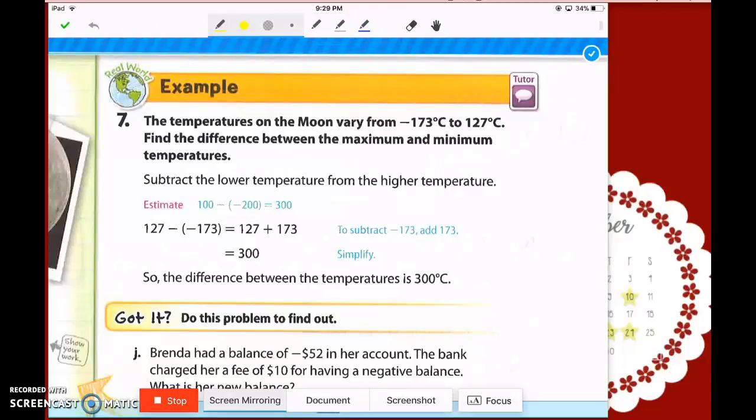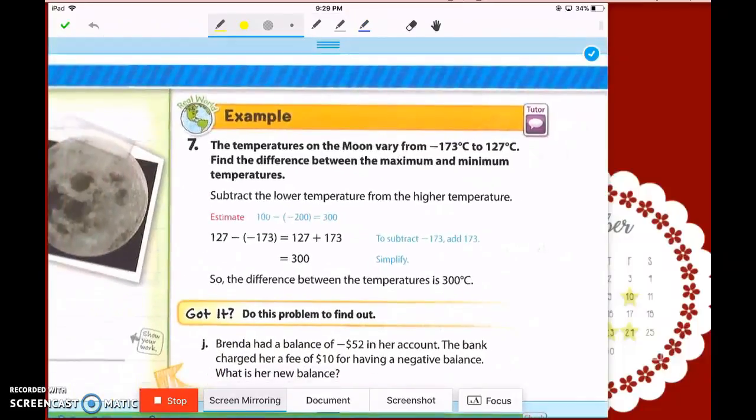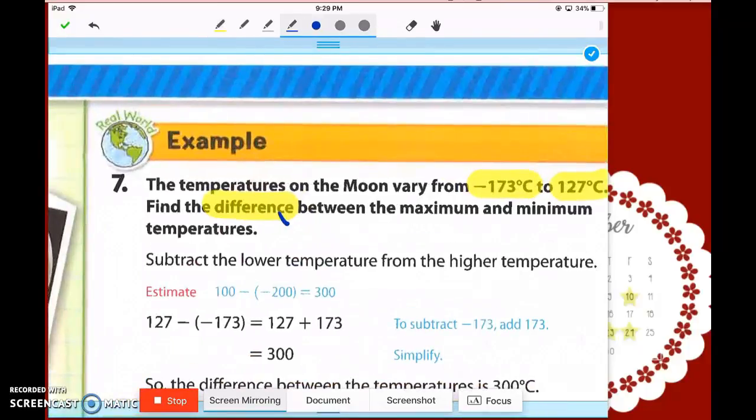The temperatures on the moon vary from -173 degrees Celsius to 127 degrees Celsius. So this is a big range of temperatures. Find the difference. And so this keyword right here, difference, is an answer to a subtraction problem. So this means subtract.